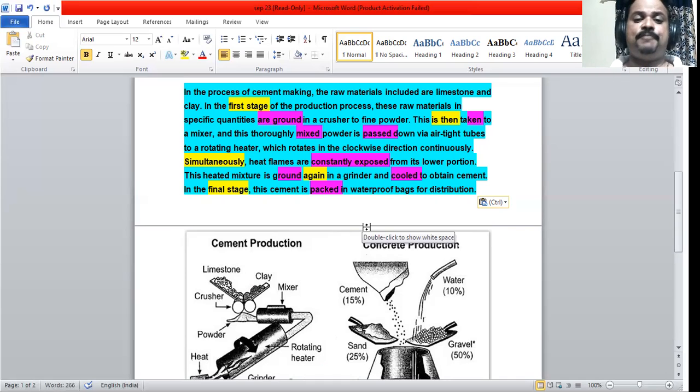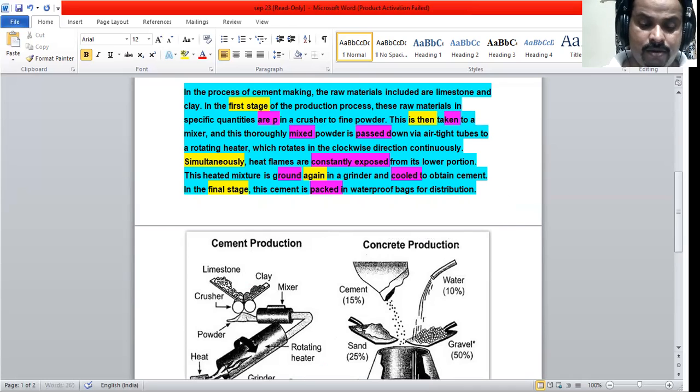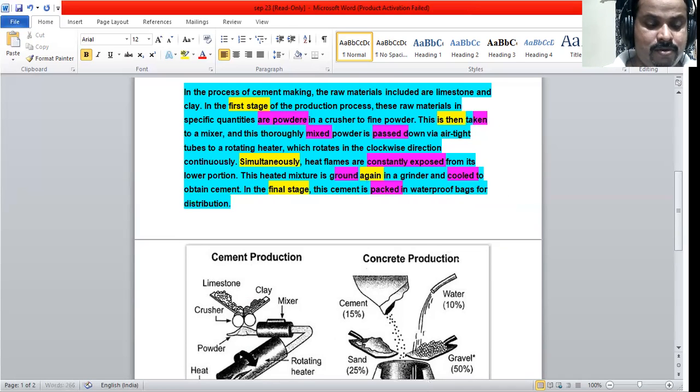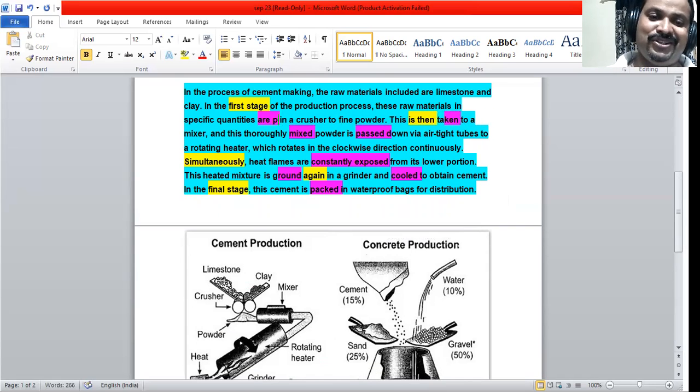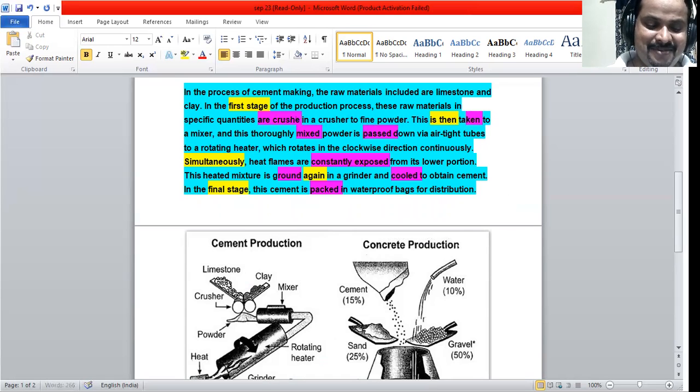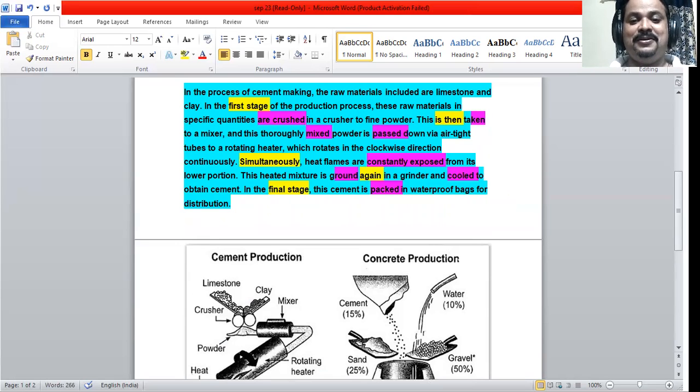In the first stage of the production process, the raw materials in specific quantities are crushed in a crusher to fine powder.